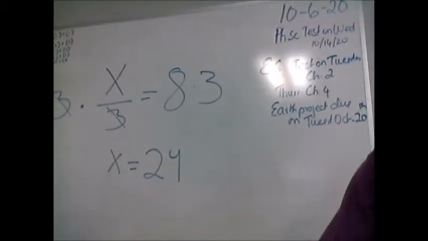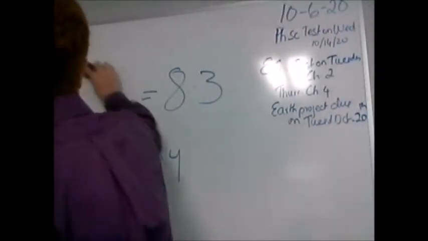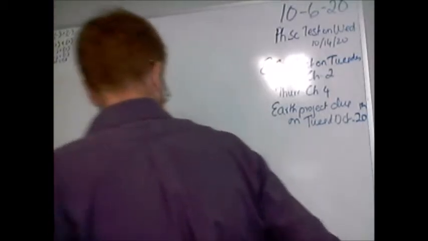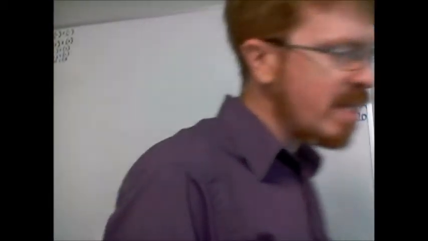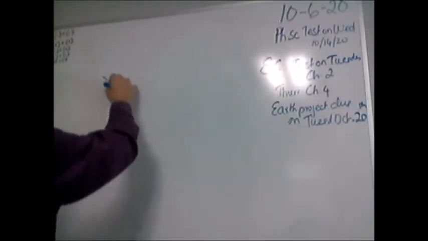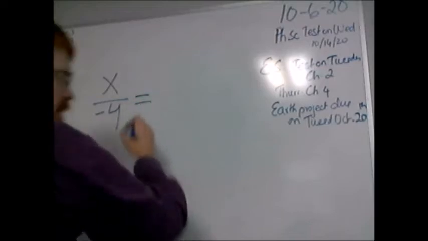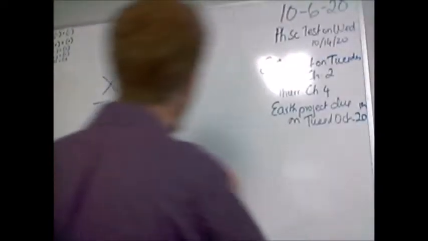Go ahead and turn your page, and let's look at example 1 on page 94. They give you another example where you have a division problem: x over negative 4 equals 14.